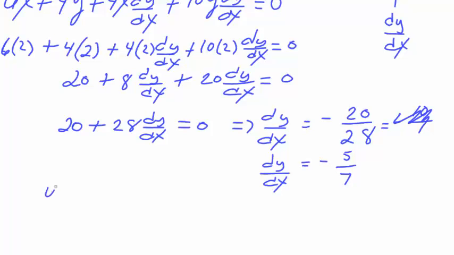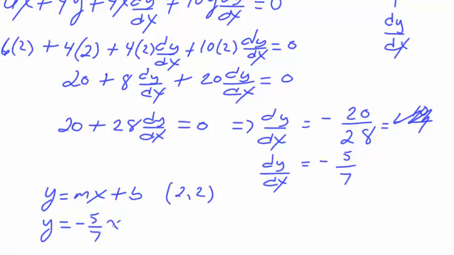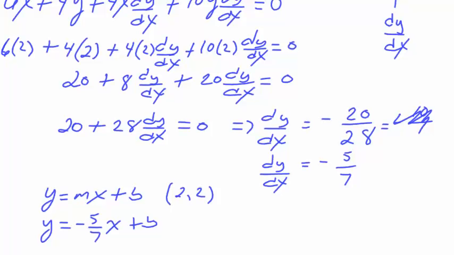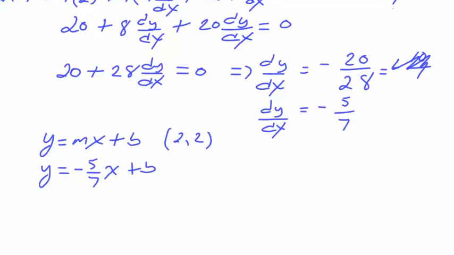So let's go back over here. We have y is equal to mx plus b, and remember we've got the point (2,2). Now that we found m, we have y is equal to negative 5/7 x plus b. Now we'll want to plug in our point. So we end up with 2 is equal to negative 5/7 times 2 plus b.